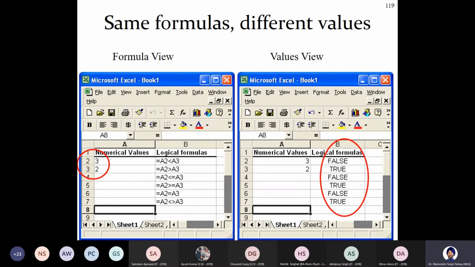And you can see if we have the same formulas, you can have different values. If you keep the formula the same, you will get just the opposite value because now you are going to change the things. So without changing the formula, put 3 in place of 1 and let the 2 stay in its place. Then see how the outcome changes.